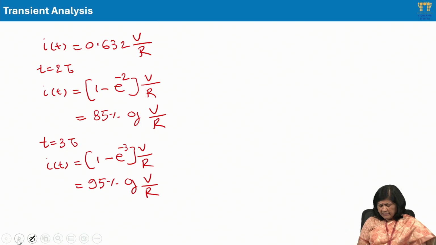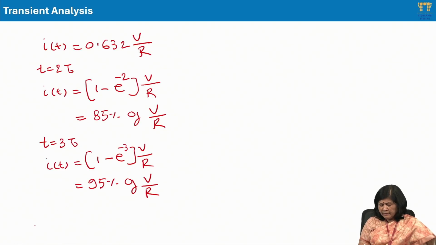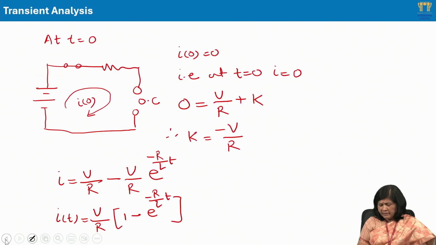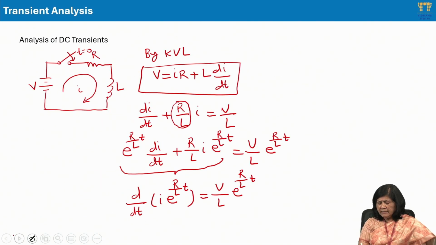With this, after finding my current response, I can find the voltage across this resistance, that is VR, and the voltage across this inductance, VL.